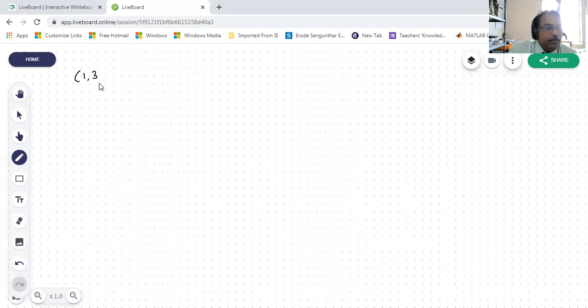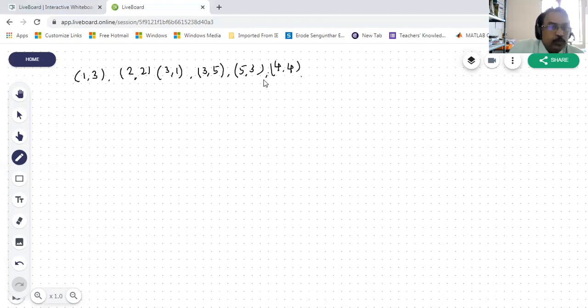So (1,3), and then (2,2), (3,1), (3,5), (5,3), (4,4), and again (2,6).